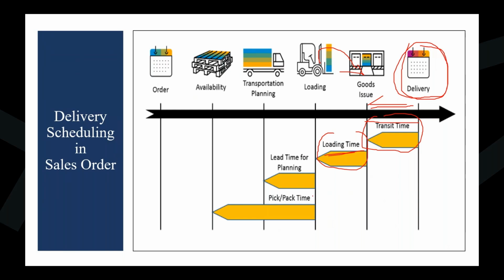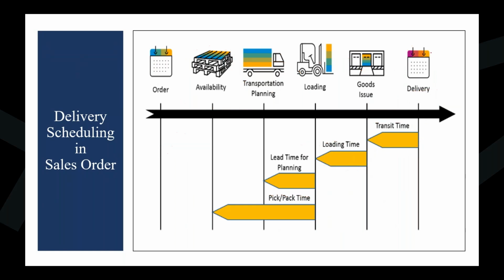Then pick pack time, you have to pack the material, right? And then you will load it. And then material availability time. Accordingly it will check whether you can meet the delivery date asked by the customer or not. If not, then it will propose a new confirmed delivery date.